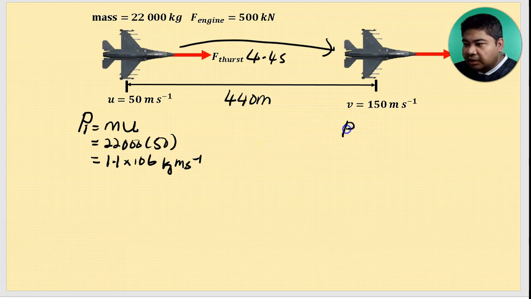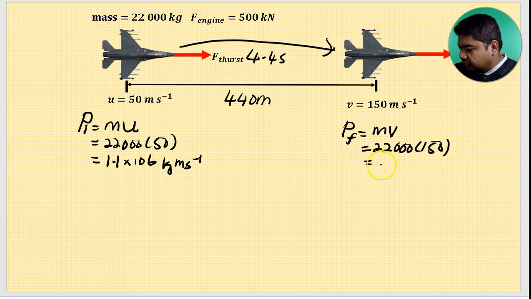And then the momentum of the aircraft at the velocity of 150 meters per second is the mass times the velocity. So 22,000 times 150, you are going to get 3.3 times 10 to the power of 6 kilogram meter per second. Alright, so that is the momentum.